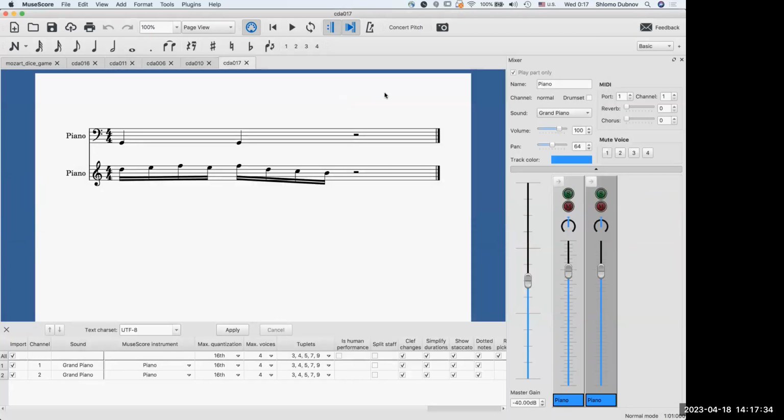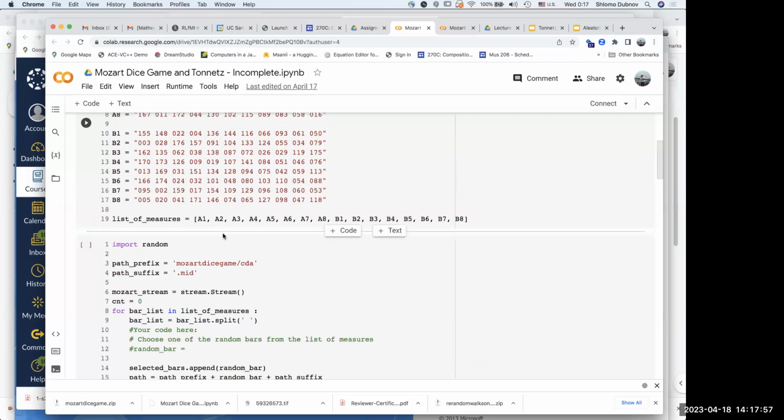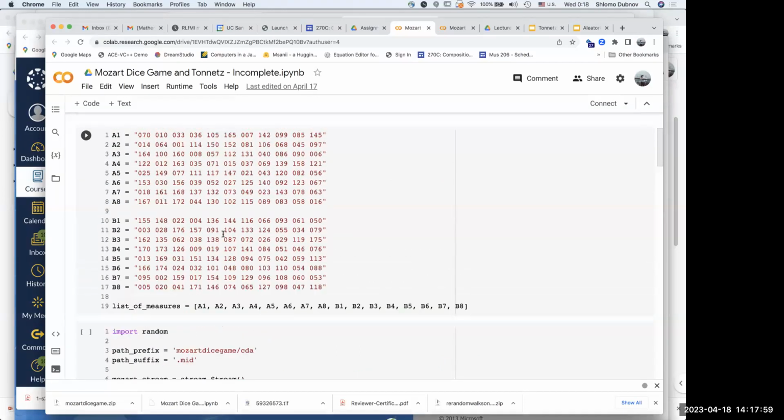So what is the Mozart dice game? You can look it up and find existing web applications or many explanations on the web. The idea is that during Mozart's days, and he wasn't the only one who practiced this method, people used to publish these dice games or compositions where you had a booklet with these measures written down and a table.